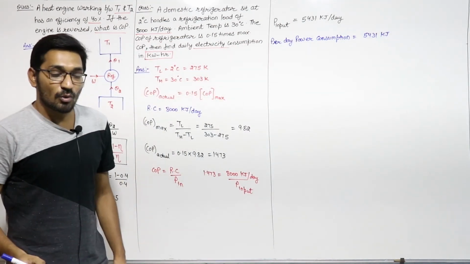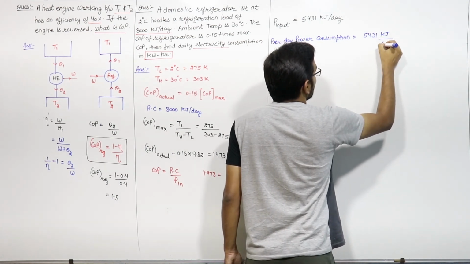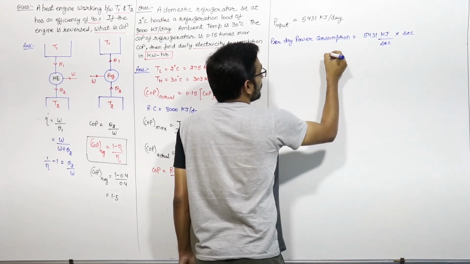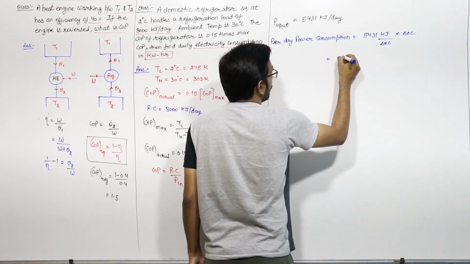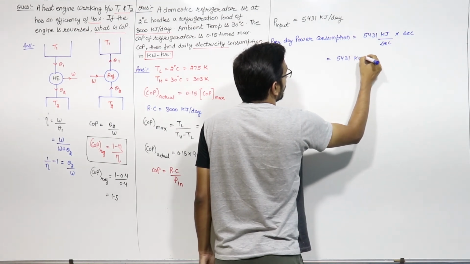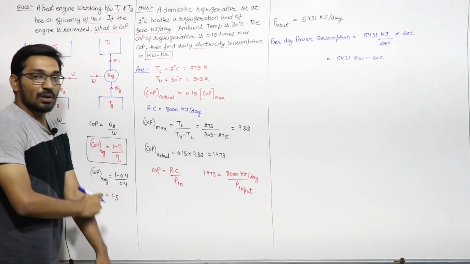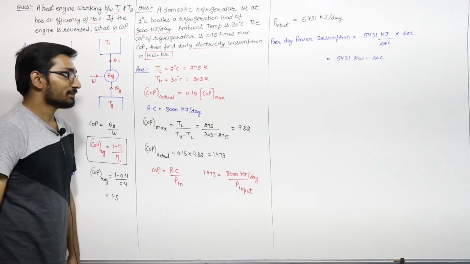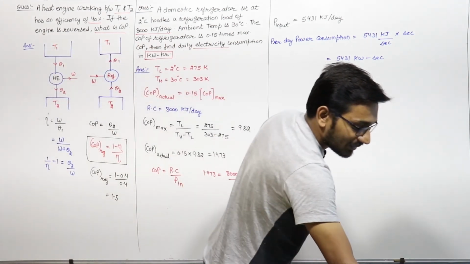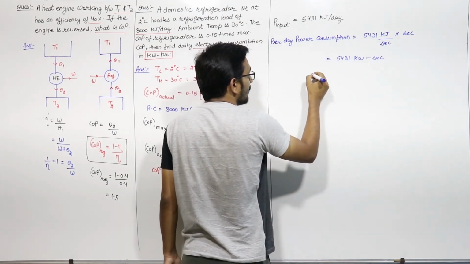If I divide it by seconds and multiply by seconds, this will be equal to 5431 kilojoule per second, which is kilowatt second. In 1 second, this much power you require, right? Kilowatt second, 5431.